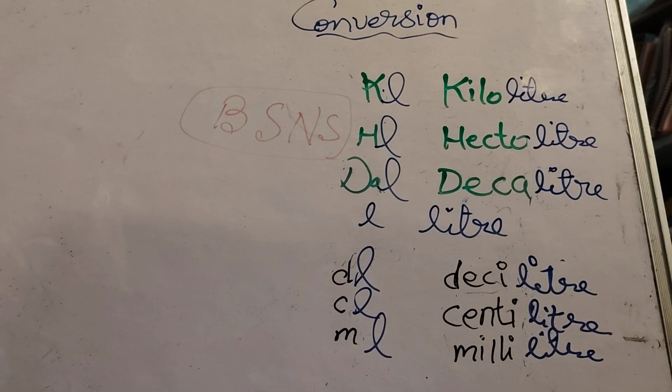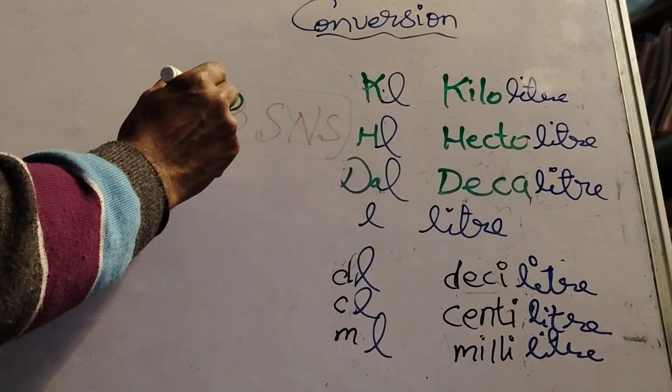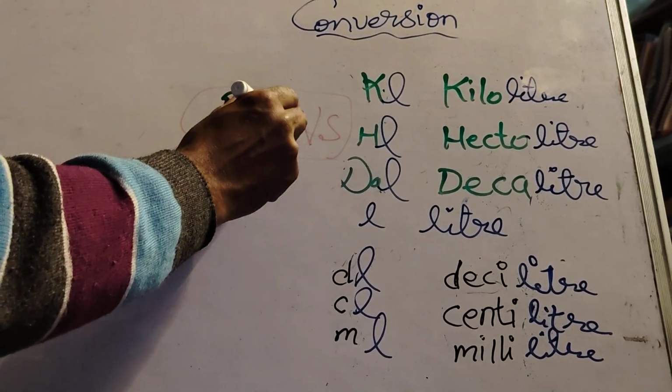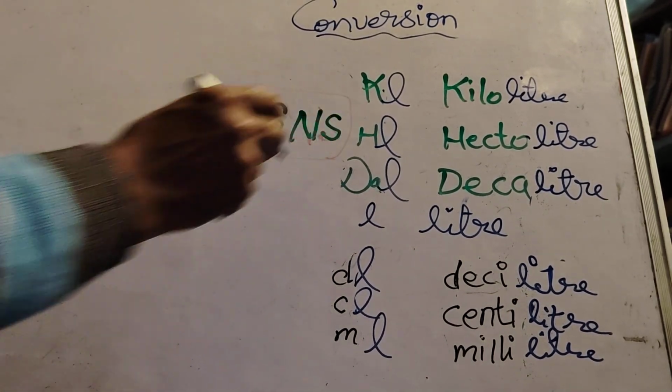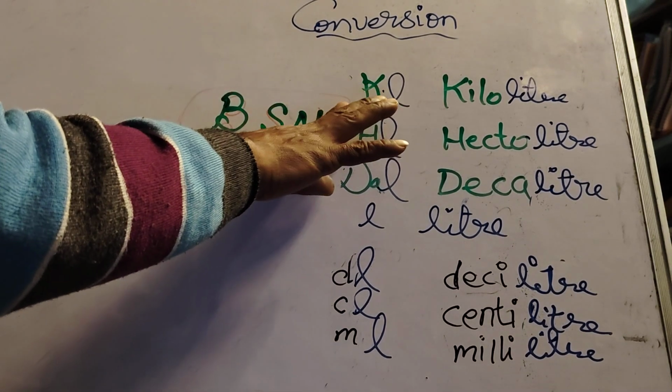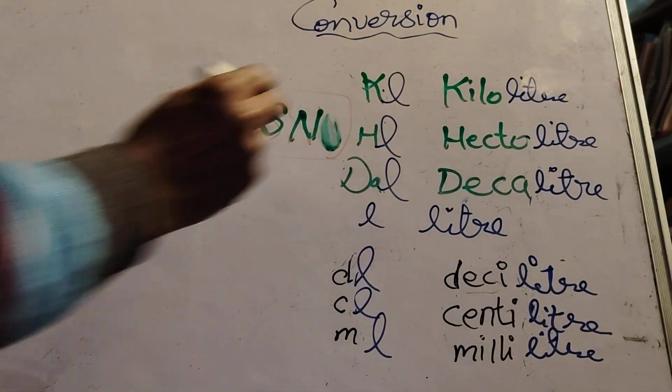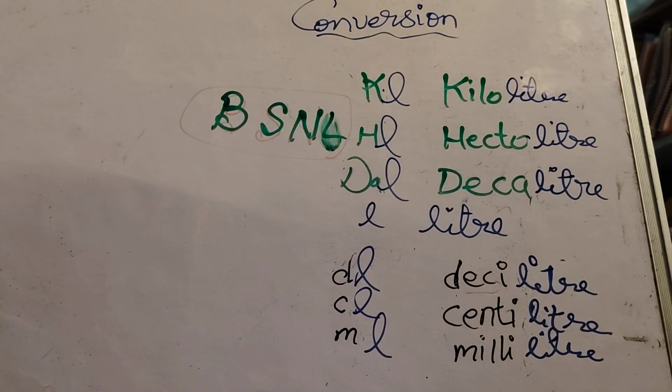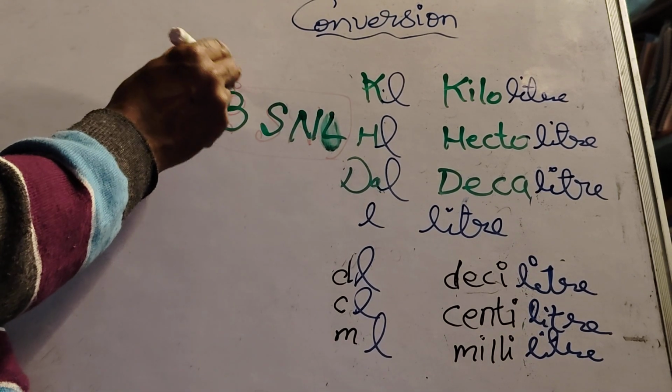Okay, so why am I telling these company names? Because if you know the Indian company, what is the name? I am telling you, BSNL. Okay, so bigger to smaller, B for bigger.